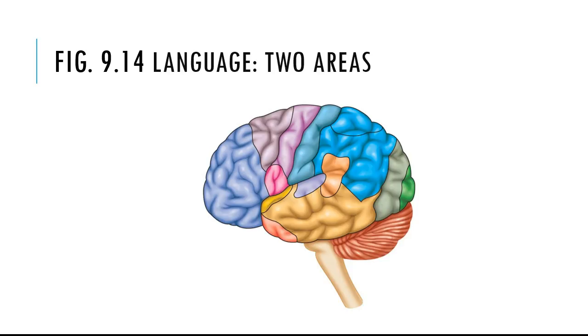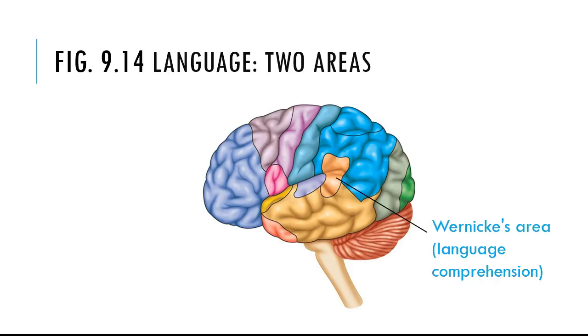Some other specializations we talked about in the cerebral cortex is the ability to form and interpret language. We talked about two areas. What were the two areas? Broca's and Wernicke's. Broca's area is located in which lobe? Frontal lobe. So it tells us motor commands for speech formation.